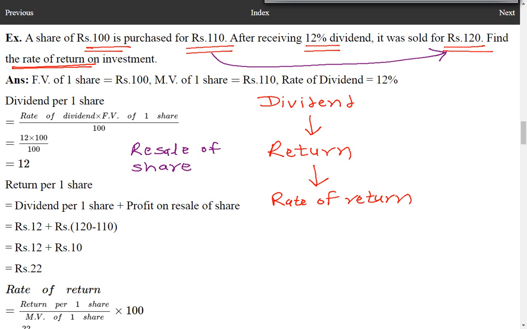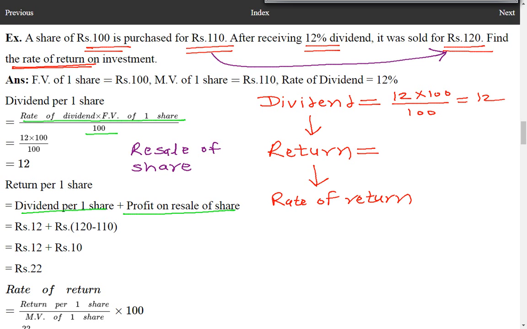First we are going to find dividend. Dividend is equal to rate of dividend into face value of one share upon 100. Rate of dividend is 12, face value of one share is 100 divided by 100, so that equals 12. Return is equal to dividend plus profit on resale of share.